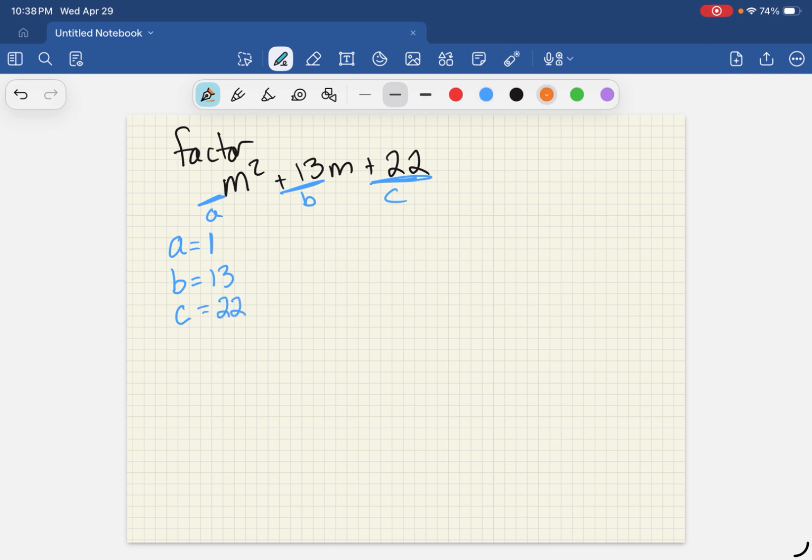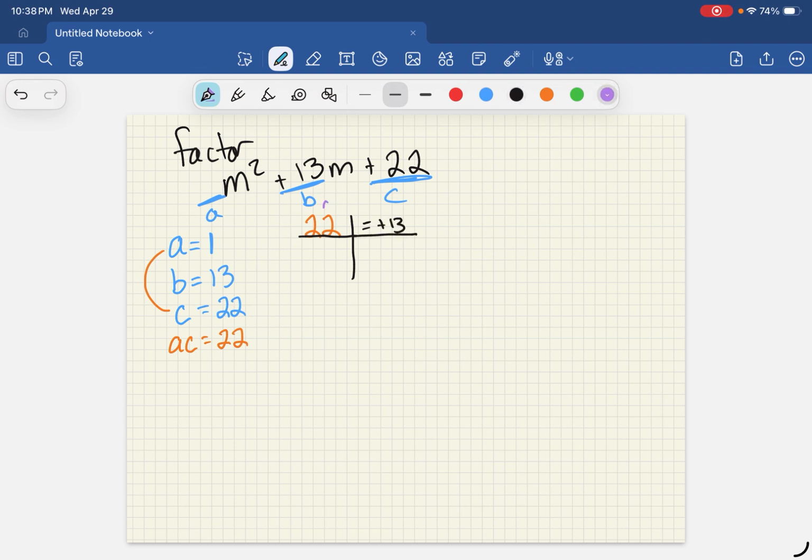The first thing that we are going to do is multiply A and C together. 1 times 22 gives me 22. And what I'm going to do is find all of the factors of 22, and I want to find what factor pair multiplies to 22 and adds to positive 13.